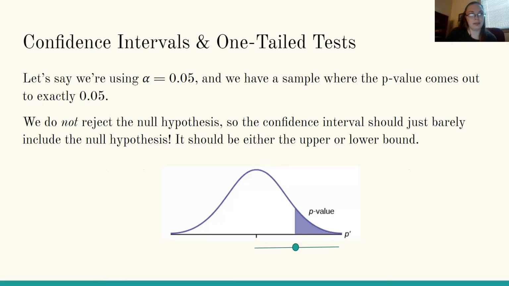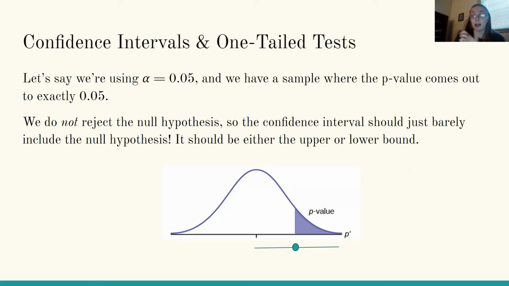Here's a picture of that. We'll use alpha equals 0.05 to see it. Let's suppose that somehow we got a sample where the p-value came out to exactly 0.05. We would not reject the null hypothesis there. So to be consistent, our confidence interval should just barely reach out and include the null hypothesis.